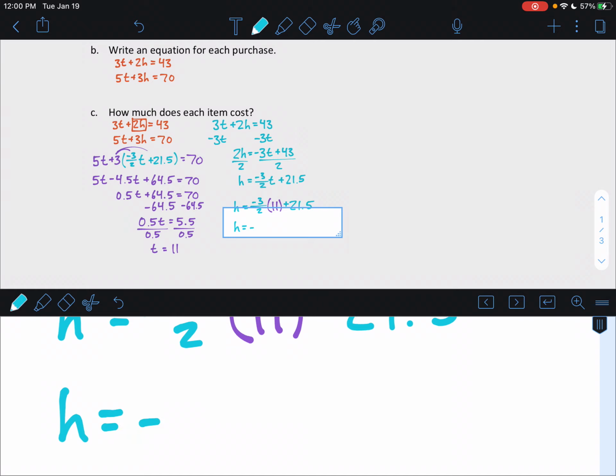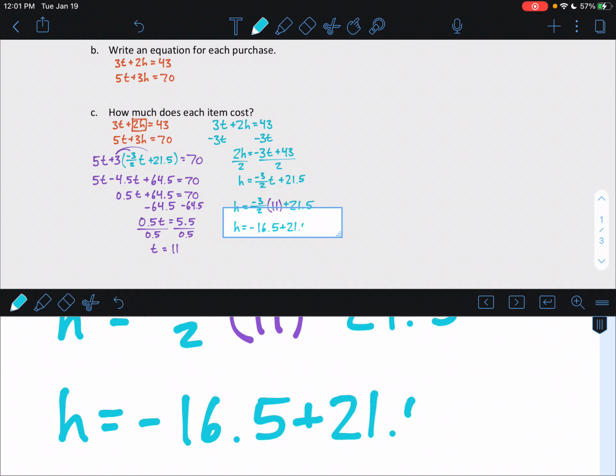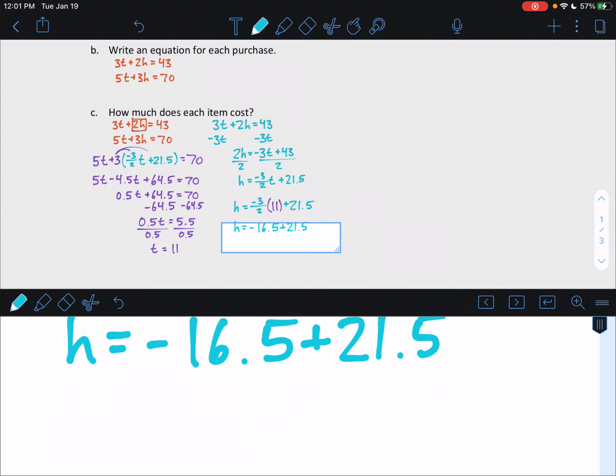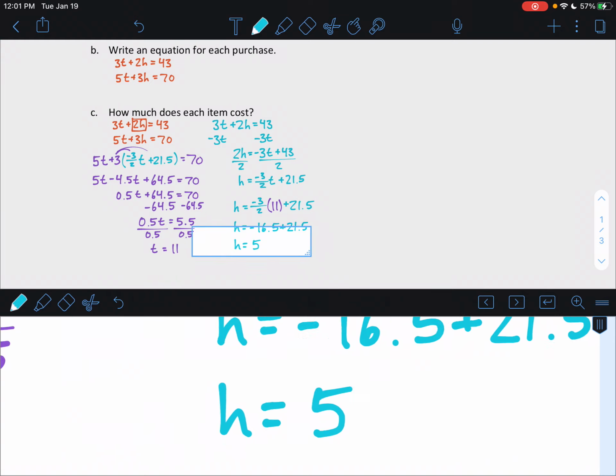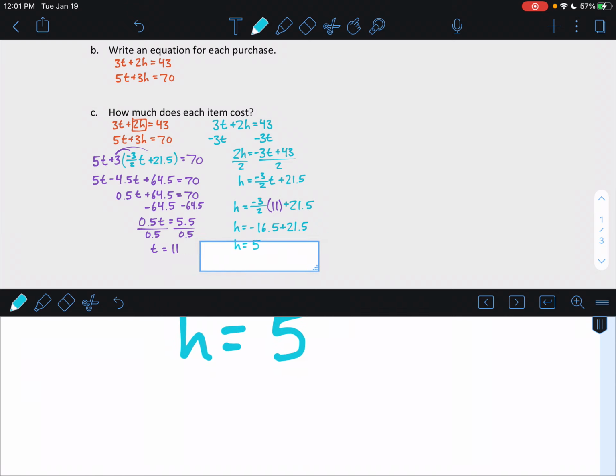So h equals negative 16.5 plus 21.5. And negative 16.5 plus 21.5 equals 5. So we got 2 whole numbered answers, which is great. I'm glad we didn't get any decimals there. So yeah, t equals 11, h equals 5.